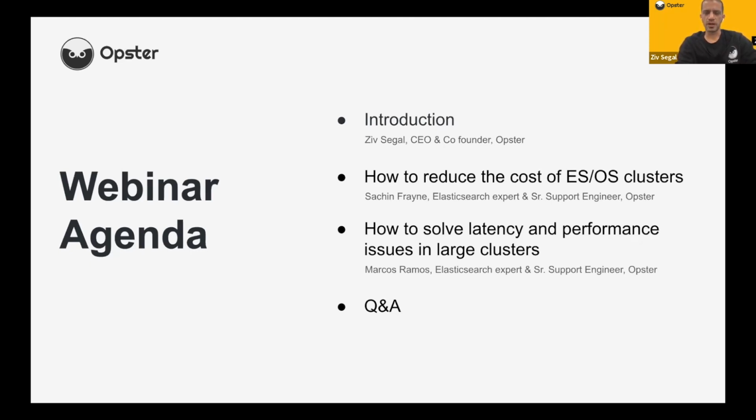And then a session by Marcos about how to solve latency and performance issues in large clusters. We're going to keep some time at the end for questions and answers, so feel free to write questions along the talks, and we will get to them in the end, so stay tuned.